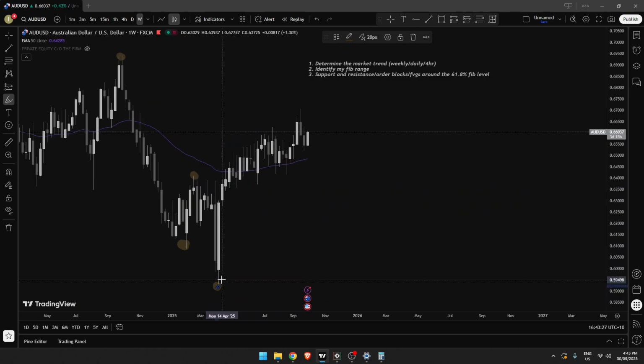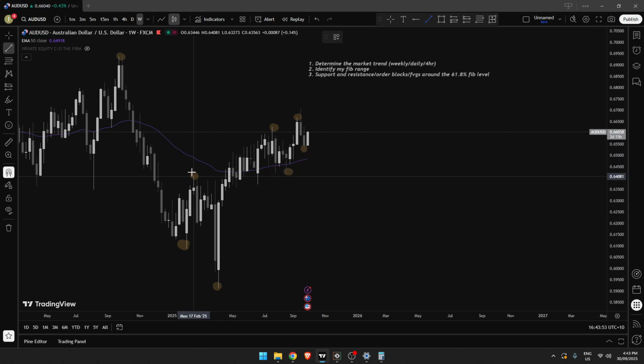Now, we made this lower low and price had a bullish run and broke this high. Made a new swing point, came down, broke this high again, and now made another swing low. So as you can see here, we had a change of character and a shift in market structure to the upside.